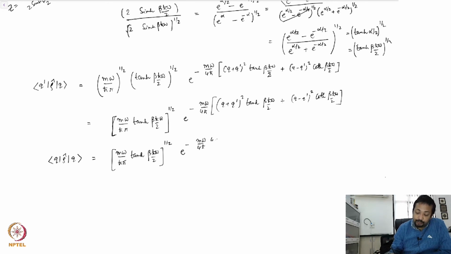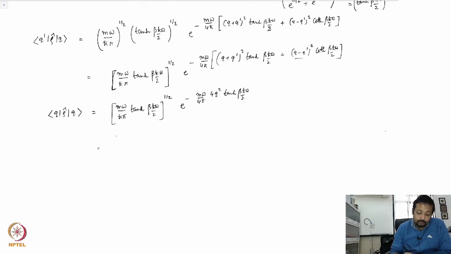Q is q prime, so this gives me 4q square tan hyperbolic beta h bar omega by 2, and this term vanishes, so that I have m omega over h bar times pi tan hyperbolic beta h bar omega by 2 raised to the power half e to the power minus m omega over h bar times q square tan hyperbolic beta h bar omega by 2.